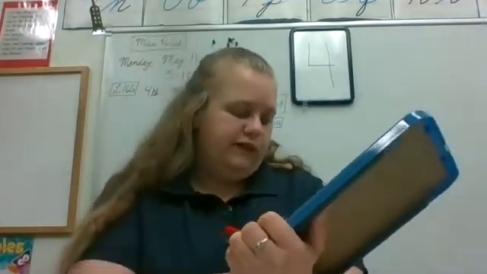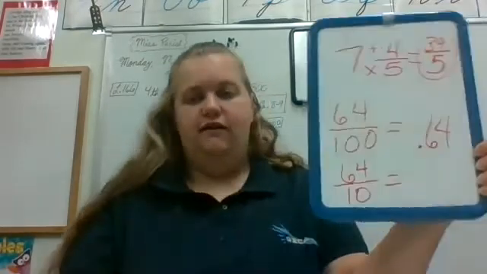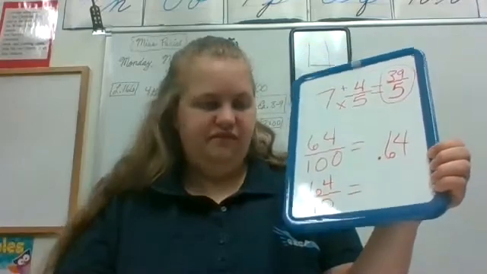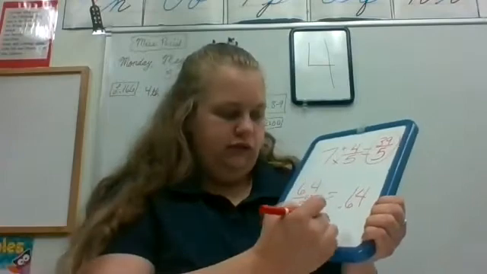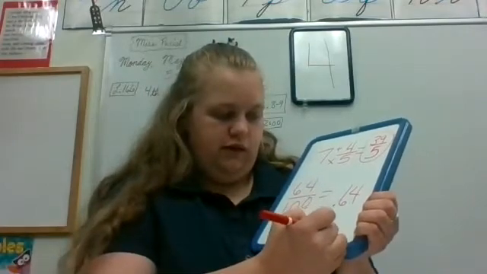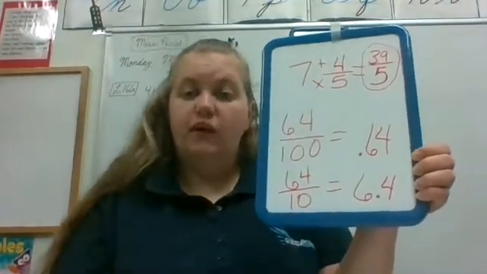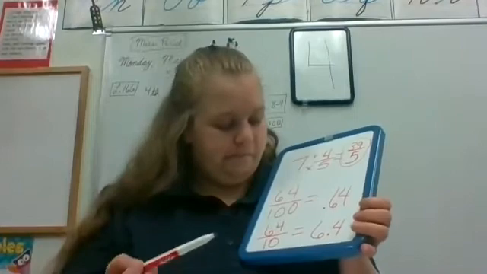What if I put 64 over 10? How do we do that? Well, we only have 1 zero. We would have 6.4, 6 and 4 tenths, okay?